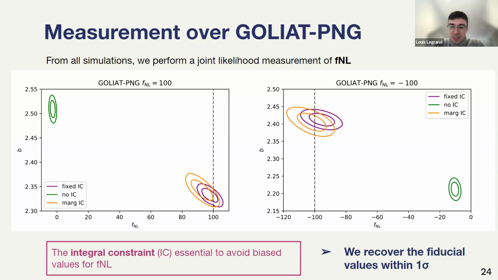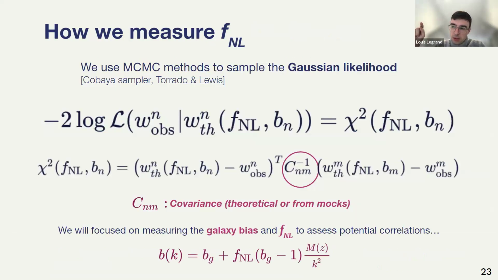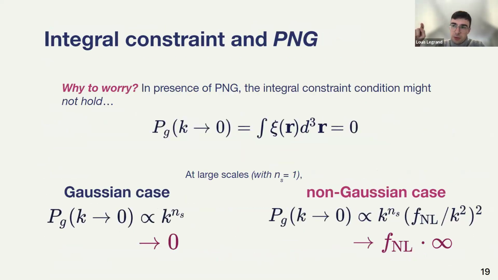Hey. I didn't really understand what the integral constraint actually is. Because for the P of K, the very large scale modes are not observable, right? It's not something that you observe. It depends on the gauge that you choose, like Newtonian gauge or some other gauge. You get different values, but you don't care because it's not observable. So why does it show up as something observable when you go to the two-point power spectrum?